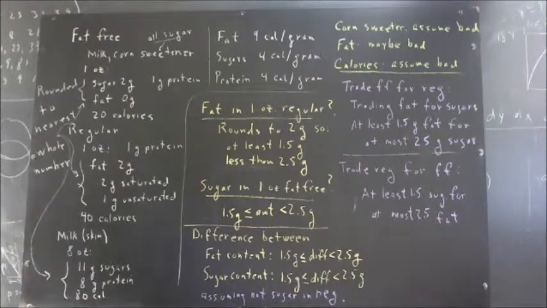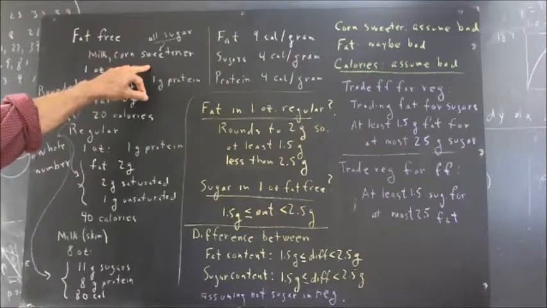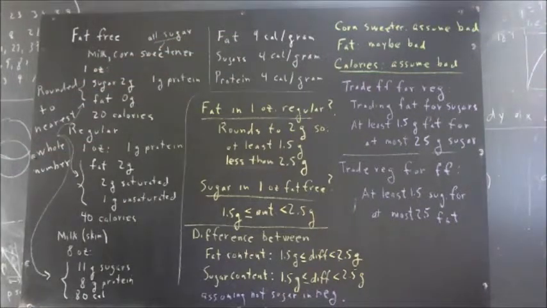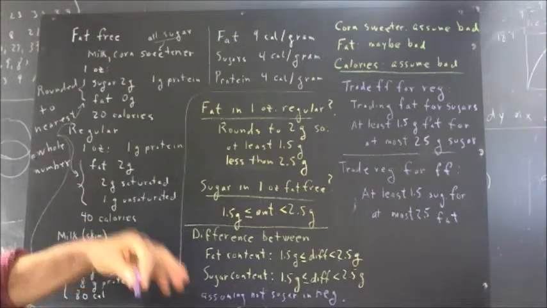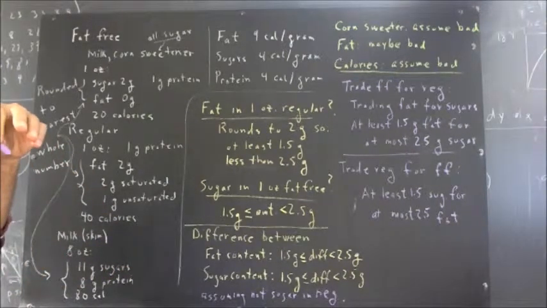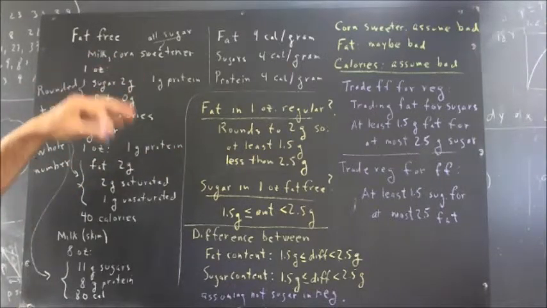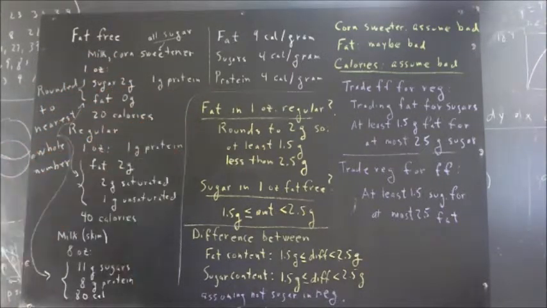They aren't really bad, they aren't really good, or maybe they're even good, depending on the kind of sugars. But we do have evidence that corn sweetener is bad stuff. So how do we modify this if we want to consider trade-offs between fat and corn sweetener?